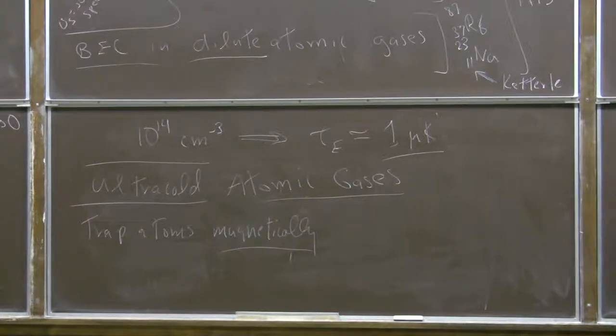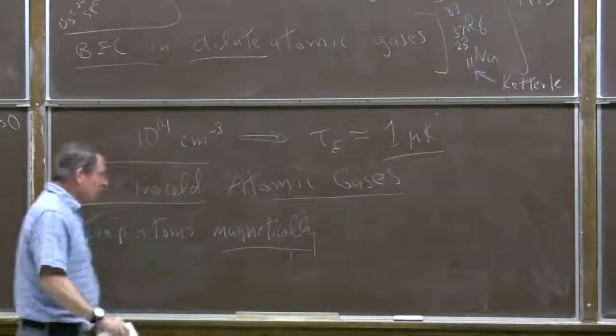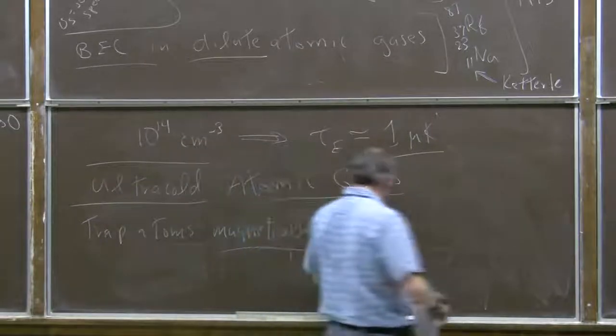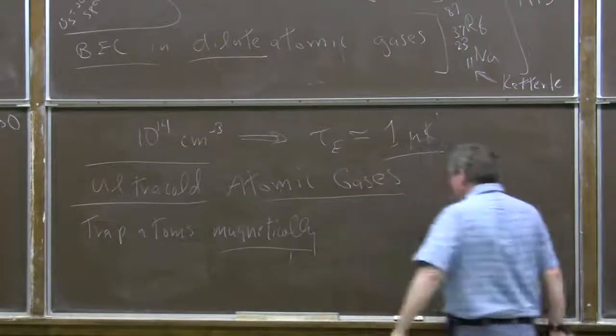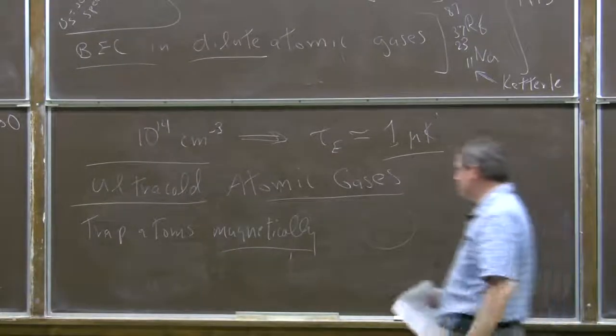If you can polarize the atoms, their magnetic moments are aligned in a known direction. So you can apply a force with an inhomogeneous field, which will keep them confined inside the trap. Okay, but we got to make them cold, and that's done in 2 steps.